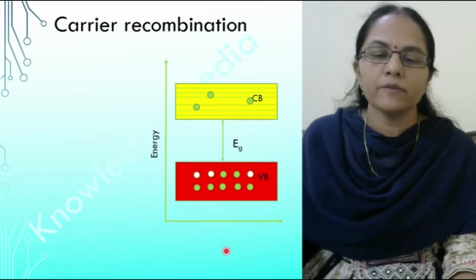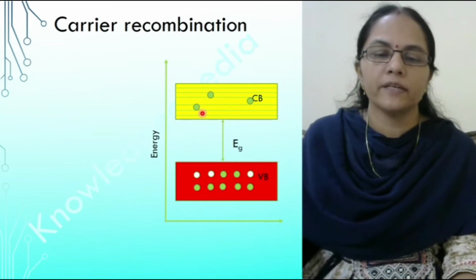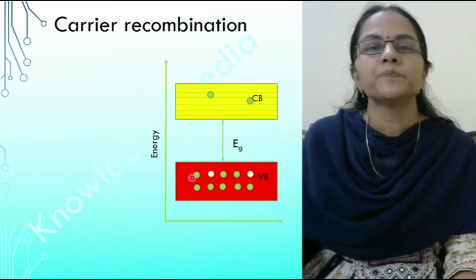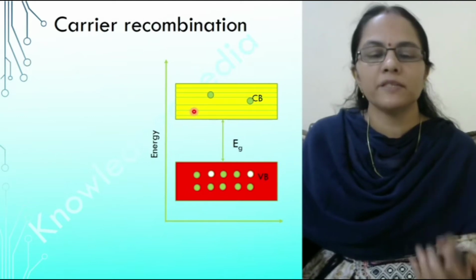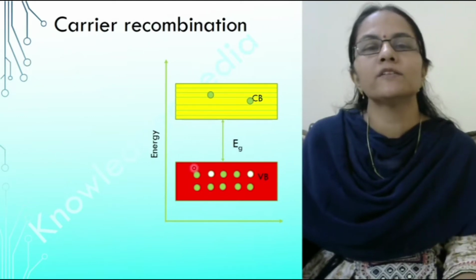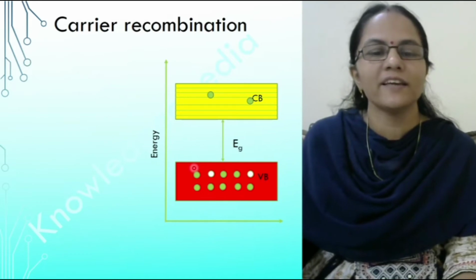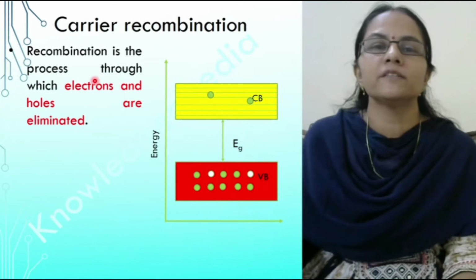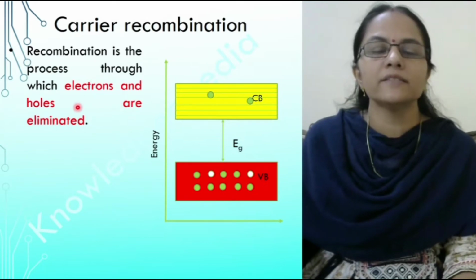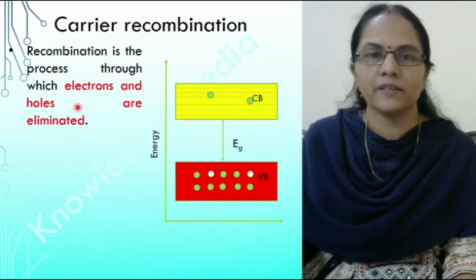And during this process, when an electron comes from the conduction band to the valence band, what is happening? This electron over here is missing, and this hole is also missing. They are getting eliminated. So this is the process of recombination through which electrons and holes are eliminated.